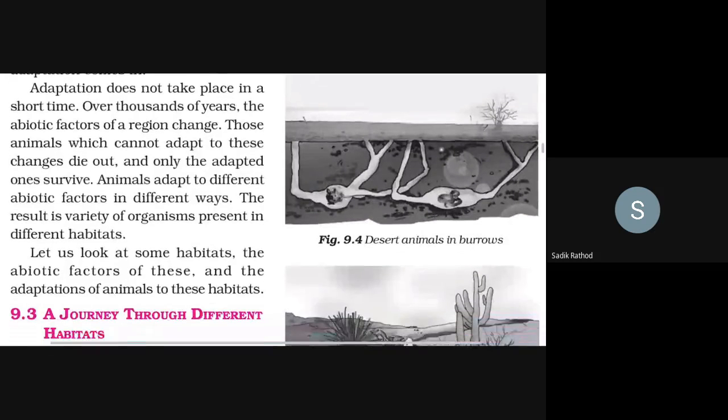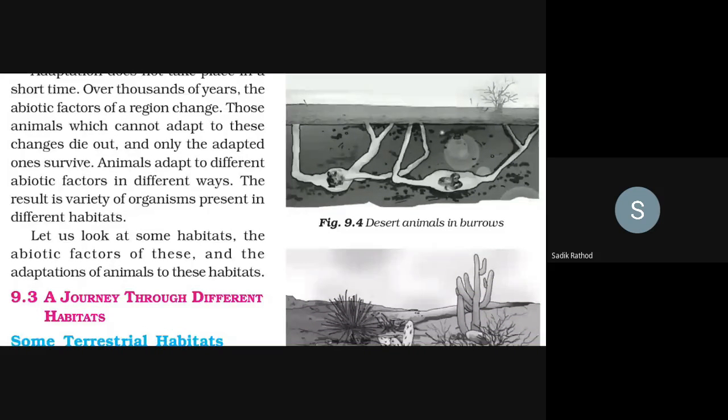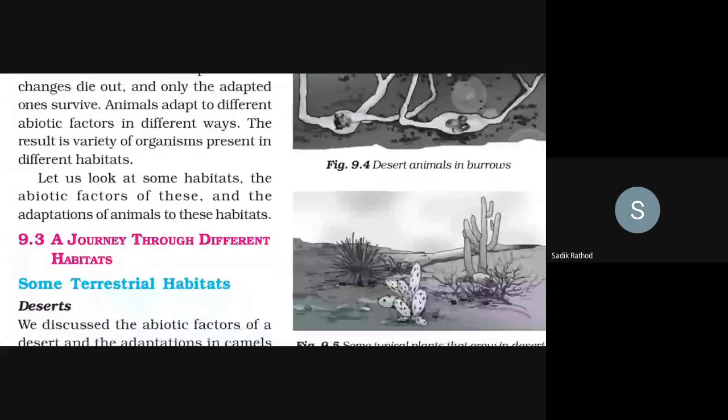Animals adapt to different abiotic factors in different ways. The result is a variety of organisms present in different habitats. Let us look at some habitats, the abiotic factors of these, and the adaptation of animals to these habitats.